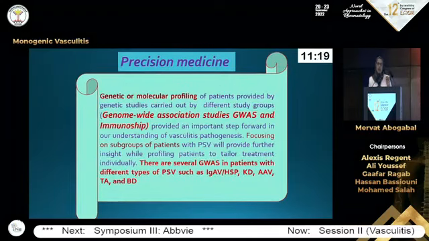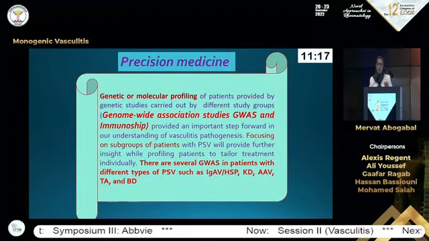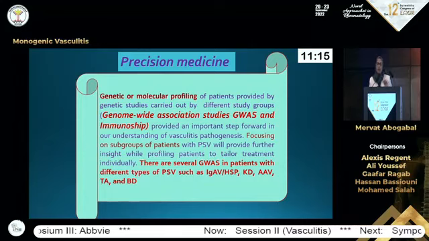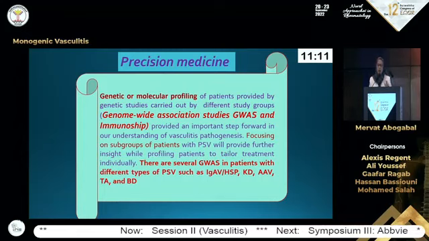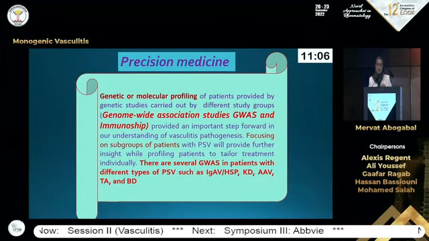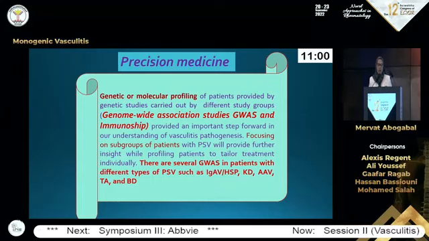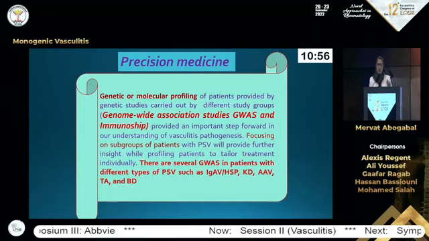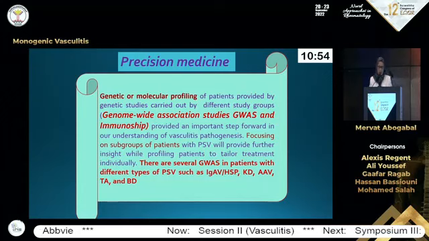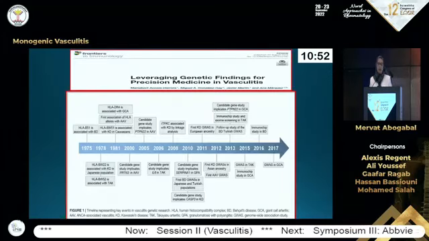Again, genetic profiling of patients provided by genetic studies carried out by different study groups like GWAS and ImmunoChip provided an important step forward in our understanding of vasculitis pathogenesis. And there are several GWAS results in different forms of vasculitis, like in Henoch-Schönlein purpura, Kawasaki disease, ANCA-associated vasculitis, Takayasu arteritis, and Behçet disease.